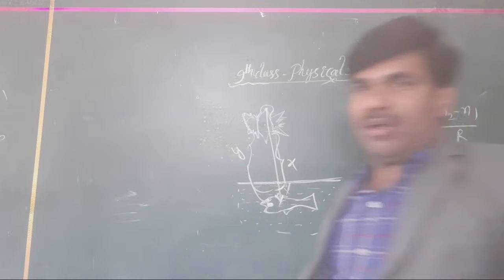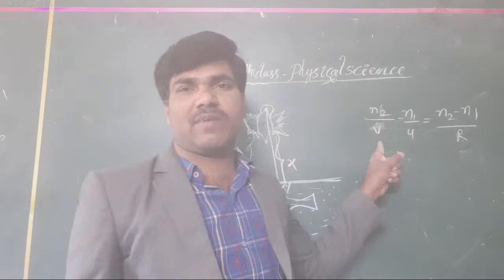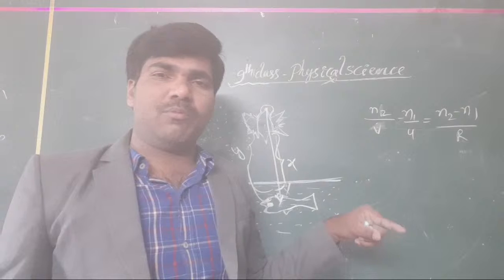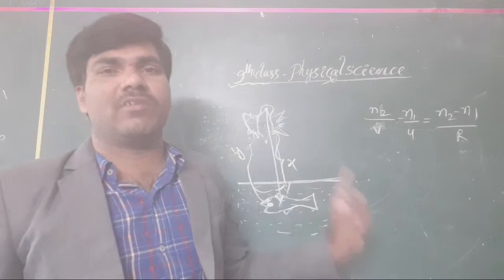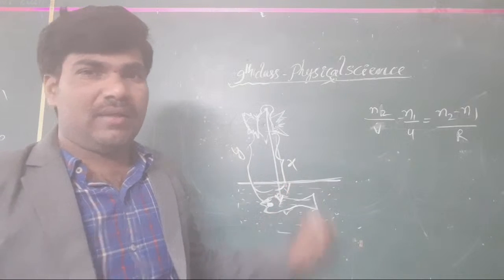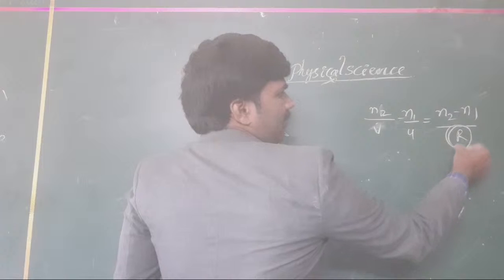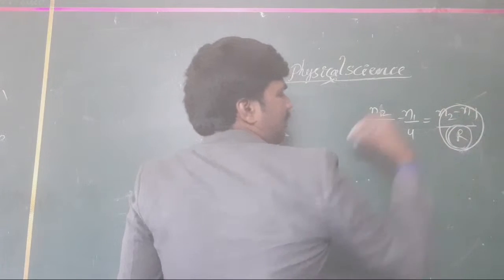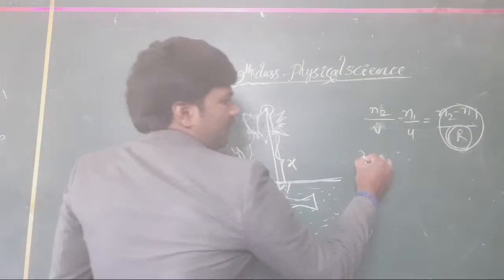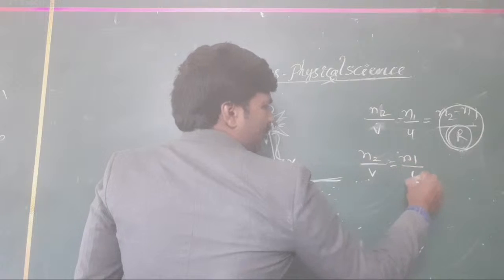This is the principle for when a light ray enters from one medium to another at a curved surface. Here we take a plane surface, so the curved surface term R becomes neglected. Automatically it becomes n2 by v equal to n1 by u.